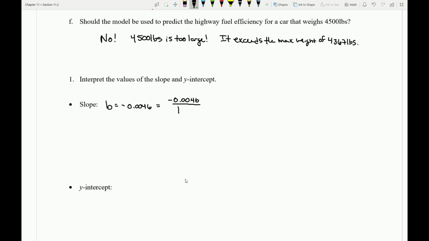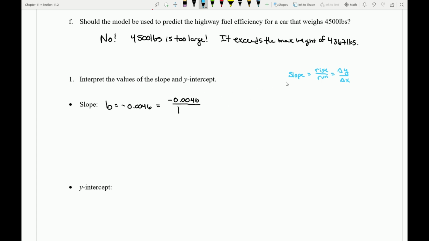And then I'm going to think about the units that go with these numbers. You might recall from back in an algebra class that when we thought about the idea of slope, we often thought about it as a rise over a run, or a change in y over a change in x. And this idea is very helpful when trying to understand how I place units on here.